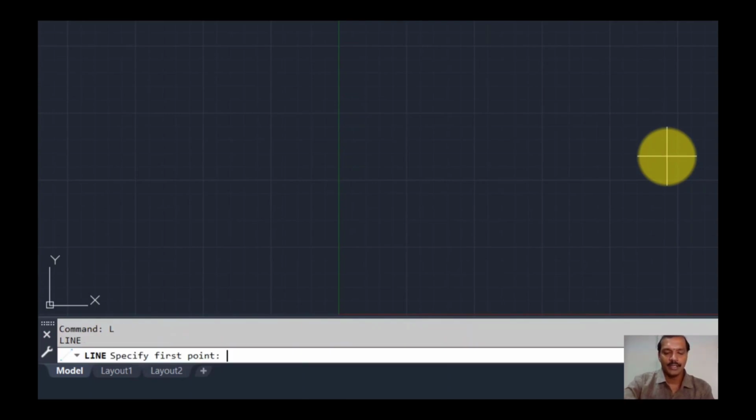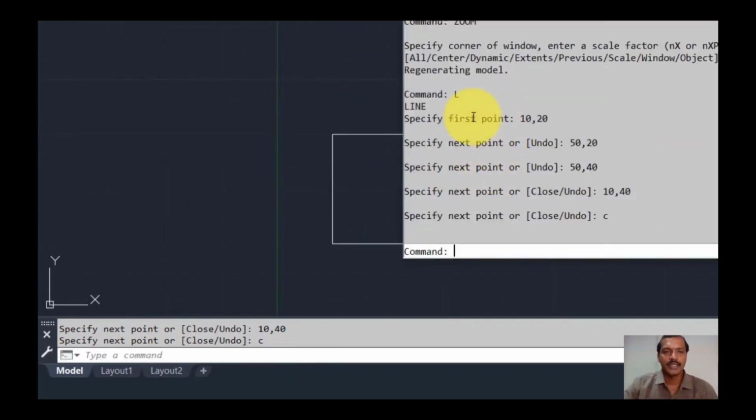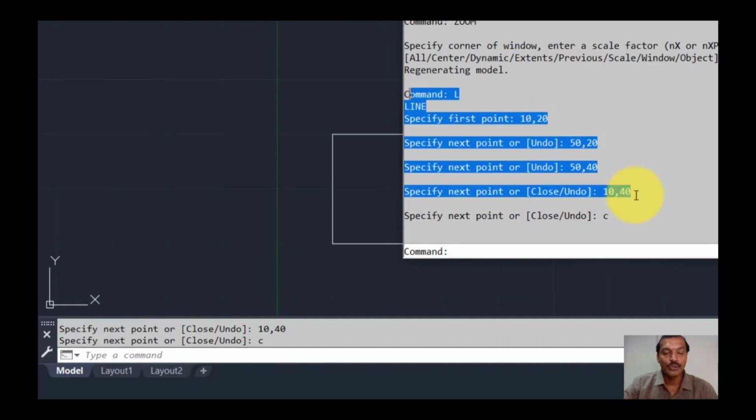Line, the first point is 10, 20. My second point is 50, 20, then 50, 40, then 10, 40. I have drawn this rectangle using the absolute method.